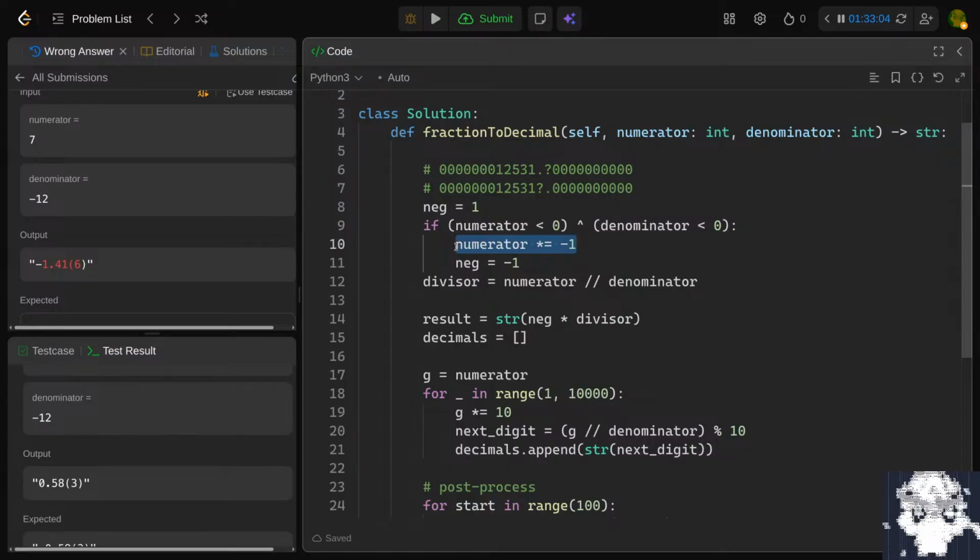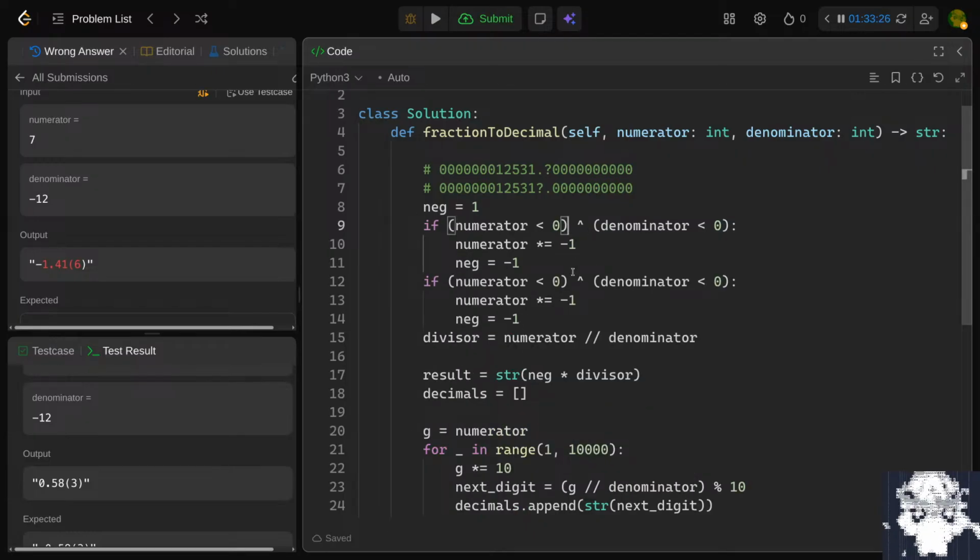Oh, I guess I'm multiplying the numerator, but I want to multiply whichever one is negative. No, what I want to do is if the numerator is less than 0, you do this.